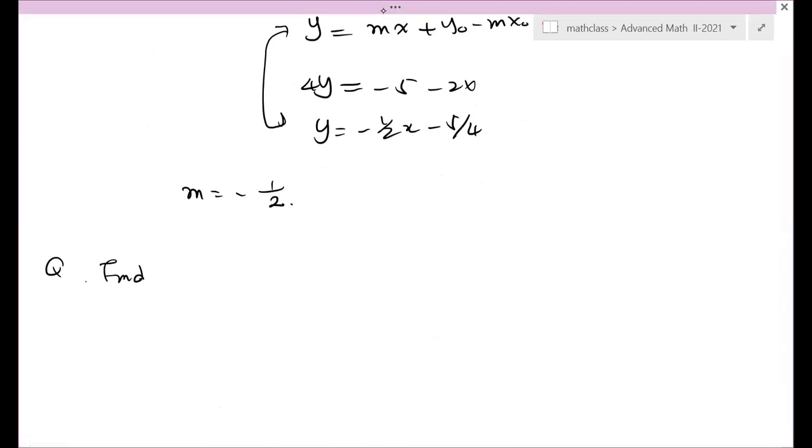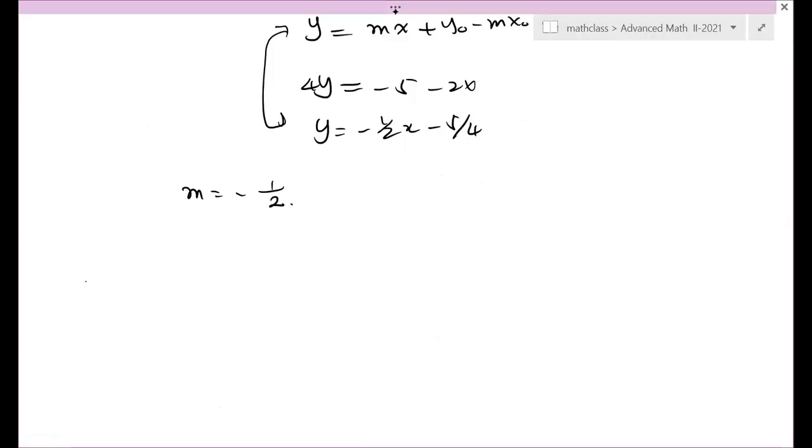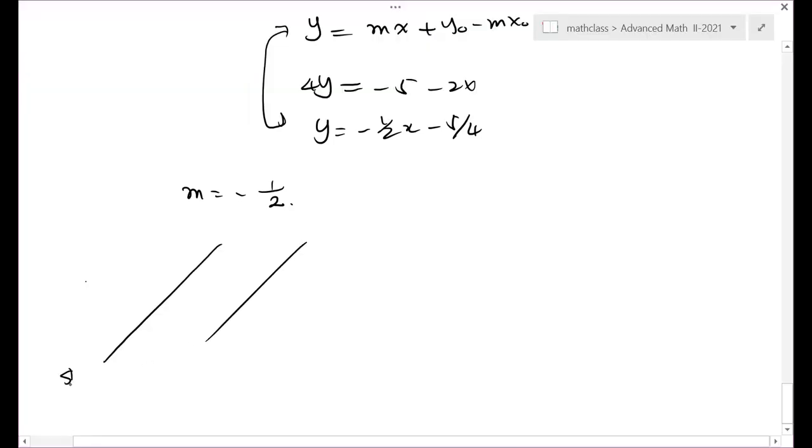Before we talk about that, let's have a review on parallel lines. If we have two parallel lines, the slope of this line is m, the slope of this line is m prime.